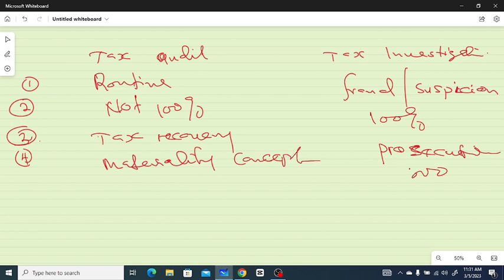Number 5, the tax audit has a statute bar, while the tax investigation does not. That is, the tax audit has a limit of 6 years, while under tax investigation there is no limit. Okay, thank you so much, and we are going to stop here.